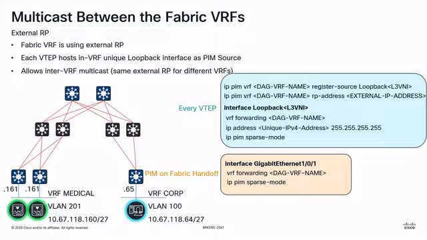And then you point every switch to some external RP, and you use that loopback as a source for the PIM joins for that specific VRF. Don't forget to enable PIM on your fabric handoff, because when you're talking to the outside world, PIM needs to be enabled there. So this is a perfectly supported scenario as well. Works well in my hospital.